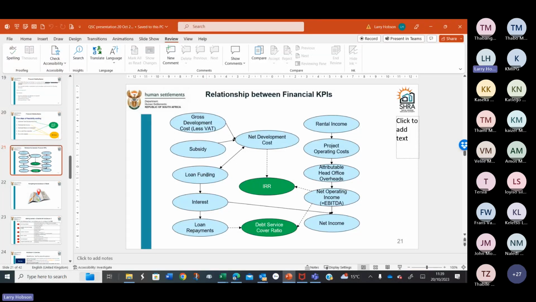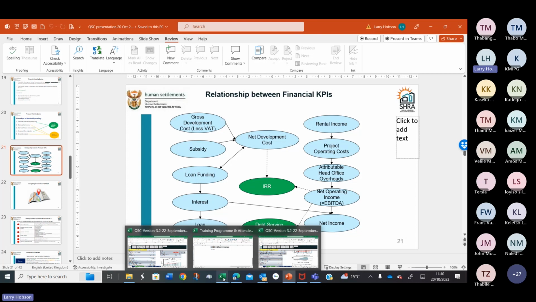What affects the amount we borrow? That's our net development cost. One component of that is the subsidy that's deducted from the gross development cost. And that's the only place we can still go. So we're going to have to tweak our gross development cost.